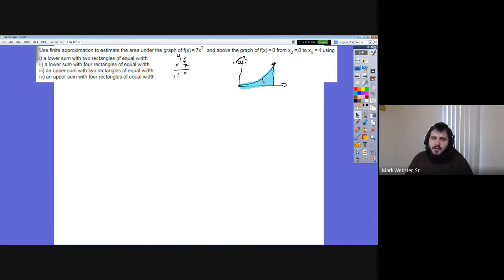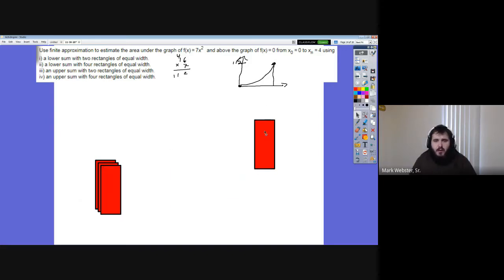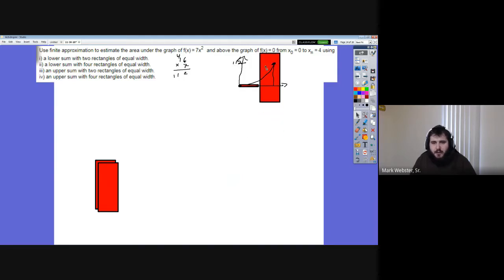Let's pretend we've got some rectangles that we can put in there. They want it approximated with 2 rectangles or 4 rectangles, above or below. Let's start with 2 rectangles. It's not too bad. All right, so here's the plan.